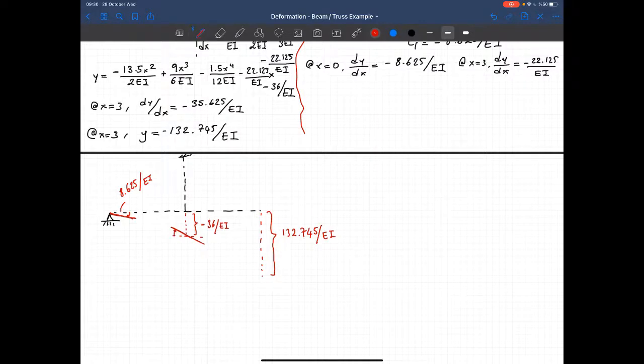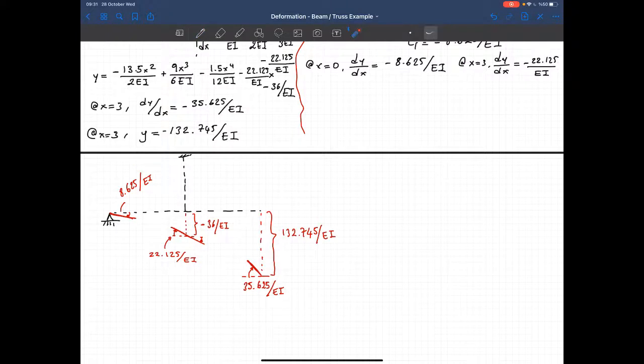So that's a clockwise rotation, that's a clockwise rotation. And the magnitude of that rotation is 22.125 over EI. And at this end, I got a larger rotation. So let's show it this way. It's again in the clockwise direction. And magnitude is 35.625 over EI.